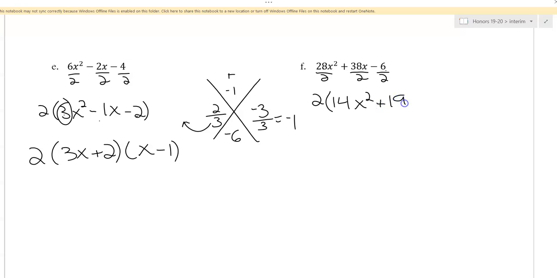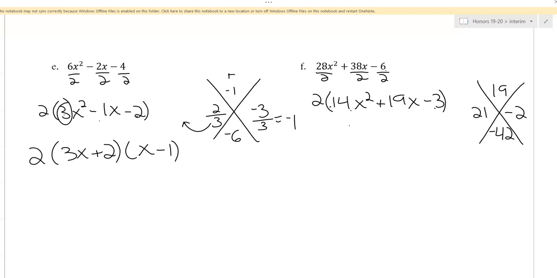Plus 19x minus. So I'm adding to 19, and I'm multiplying to -42. That is 21 and -2. Okay.